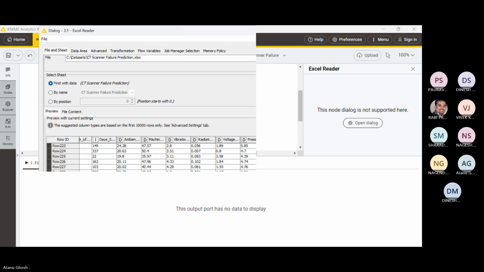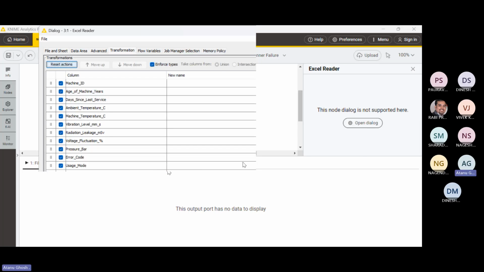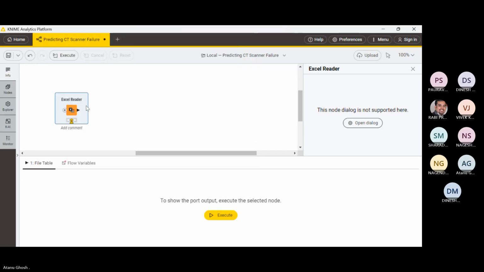Yes, great. So as of now, we have the transformation and we changed the machine status to string. Okay, so we have the output.